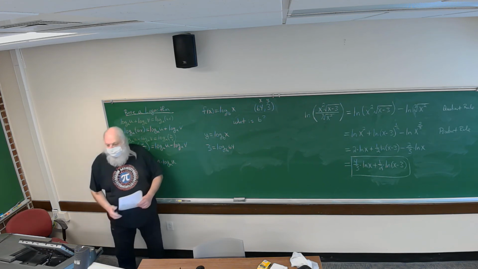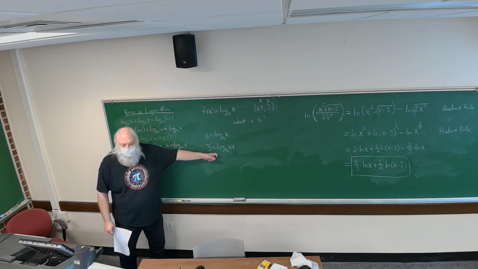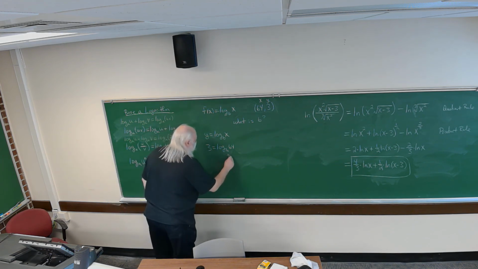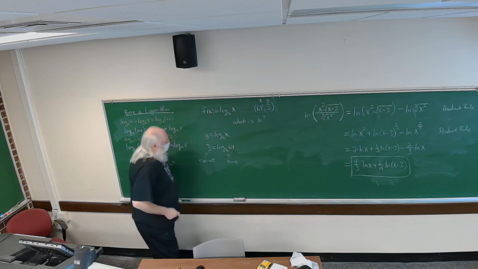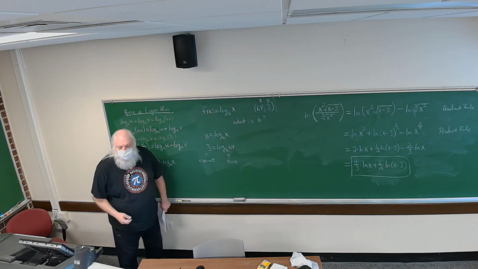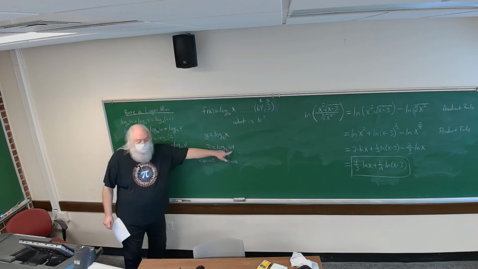I said earlier, every logarithmic function has an exponential function, and every exponential function has a logarithmic function. So remember, b is the base. 3 is the exponent. So what's the exponential equation that goes with this logarithmic equation? The base b raised to the third power has to equal 64.